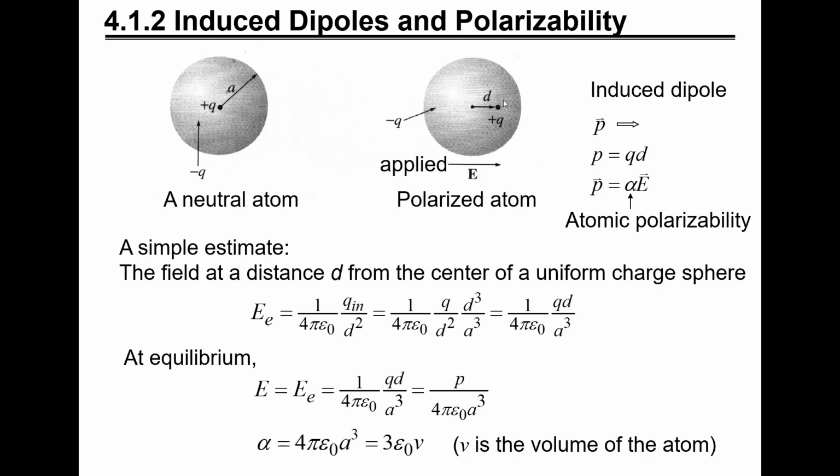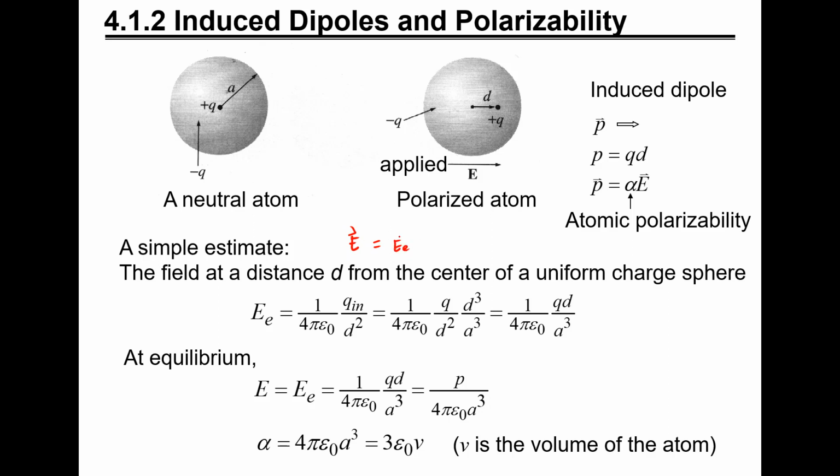So let us assume that equilibrium is achieved when the nucleus is displaced a distance d from the center of the sphere. So at that point, the external field pushing the nucleus to the right exactly balances the internal field pulling it to the left. So the external electric field is equal to the internal field pulling it to the left.